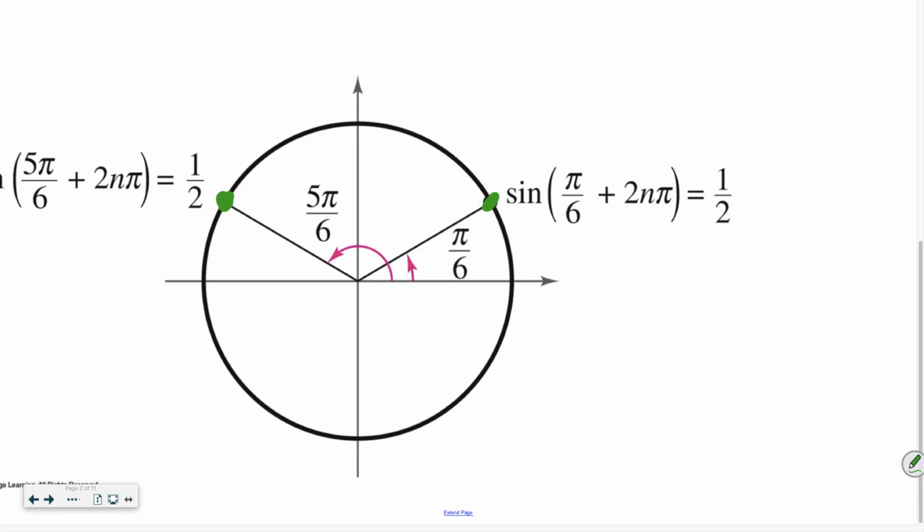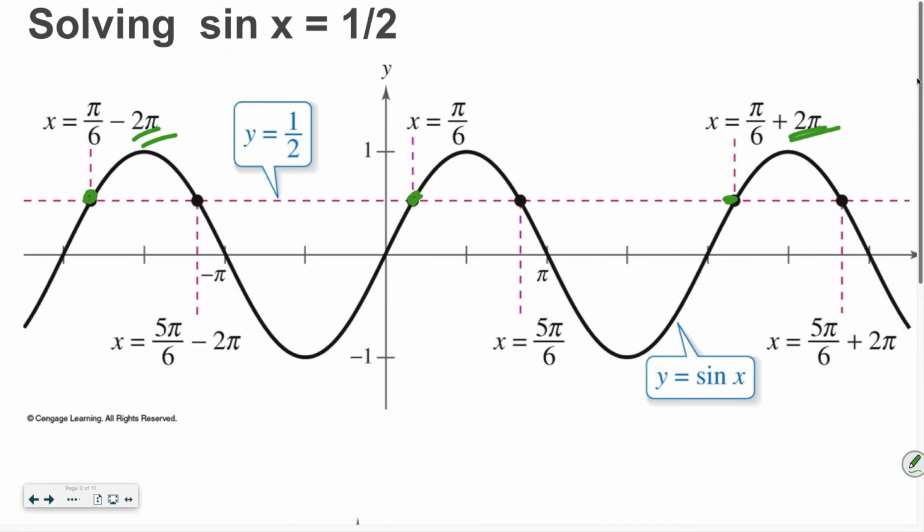So yes, we need to remember our unit circle angles and pick out the places where sine is 1/2, but then we also have to notate that it happens every period. Graphically, every period we have that same thing happen over and over and over.